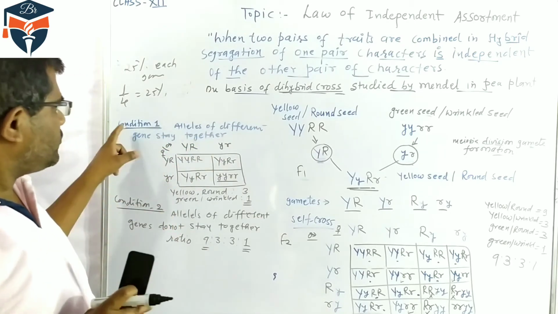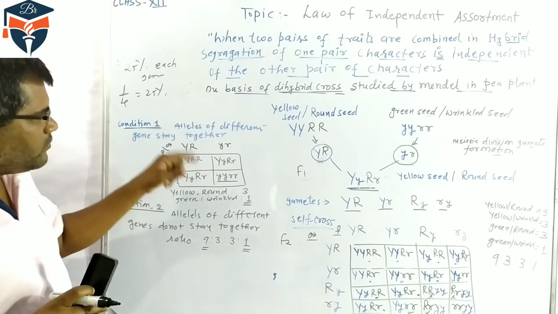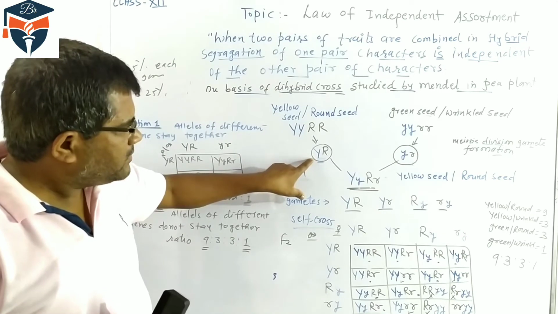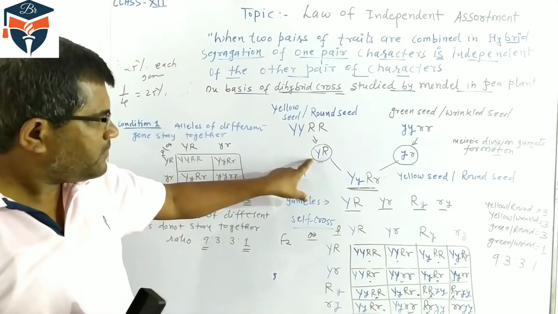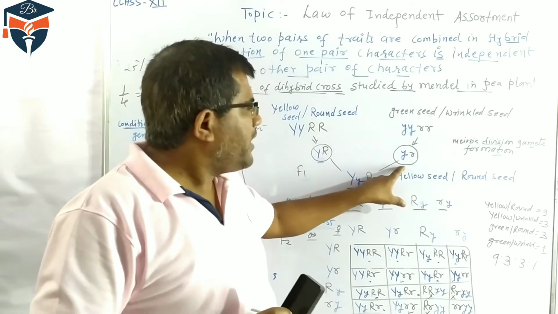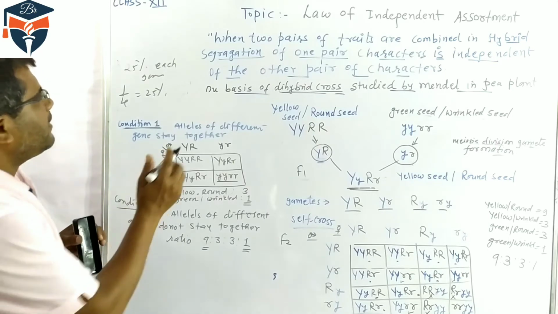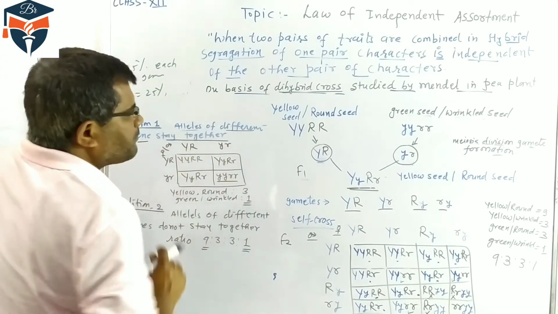Alleles of different genes stay together because these 2 alleles, capital Y and small r, can they stay together generation to generation? Small y and small r, can they stay together generation to generation? So he said that alleles of different genes stay together.